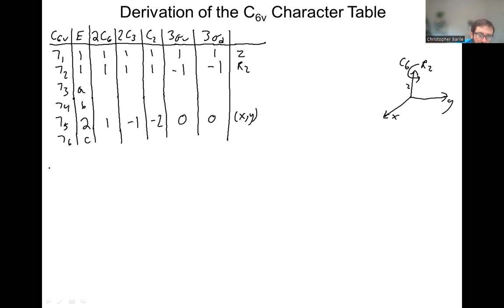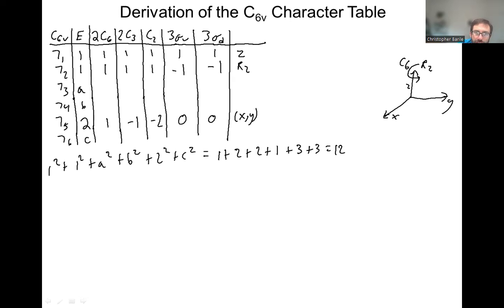So we have some unknowns here. What we know from this character table rule is that 1 squared plus 1 squared plus a squared, the sum of the squares under the dimensionality of this first column, plus b squared plus 2 squared plus c squared has to equal 1 plus 2 plus 2 plus 1 plus 3 plus 3, which equals 12. That's just summing up all the operations here: 1, 2, 2, 1, 3, 3. These values under the dimensionality can only be 1, 2, 3, 4, or 5.